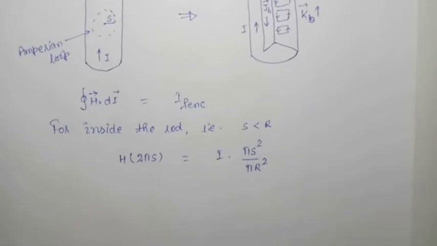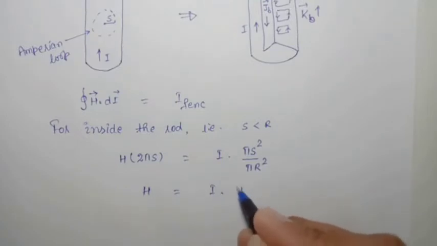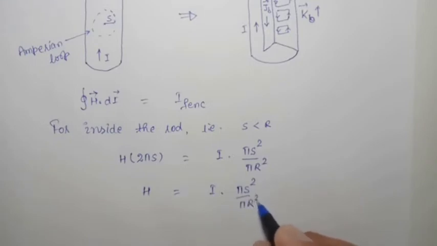Okay, then H is equal to I times pi s square over pi R square, into 1 over 2 pi s. So this pi is cancelled with this pi and s is cancelled with this, so we get H equal to I over 2 pi R square times s.